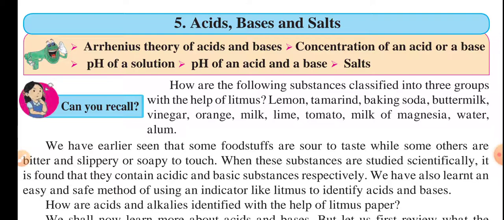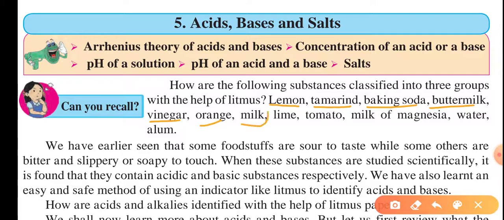So in the given list over here, lemon is acidic in nature. Tamarind, somewhat. Baking soda, yes, it's a base. Buttermilk is an acid. Vinegar, acid. Orange juice, acid.